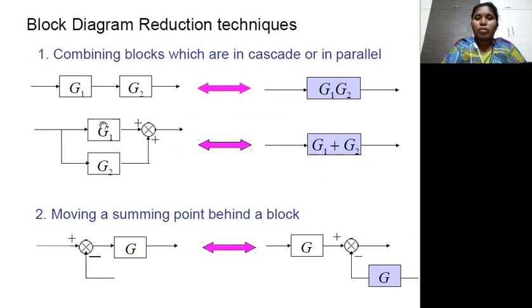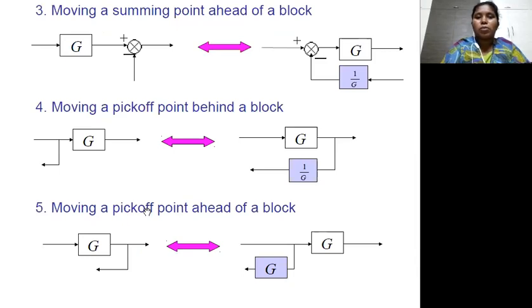If a number of blocks are connected in parallel, we can replace them with a single block representing the summation of the gains, like G1 plus G2. We can move the summing point ahead of the block to behind the block, and behind the block to ahead of the block, and we can move the branch point ahead of the block to behind the block and behind the block to ahead of the block.